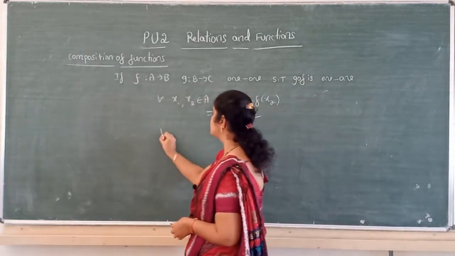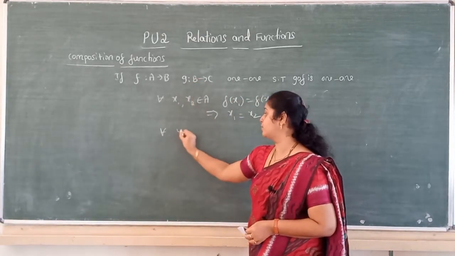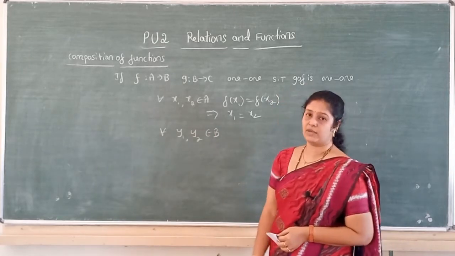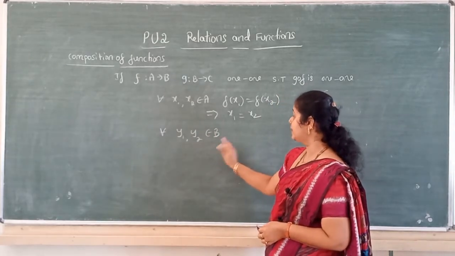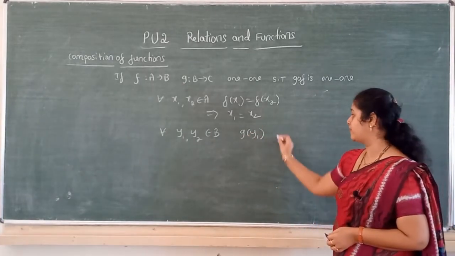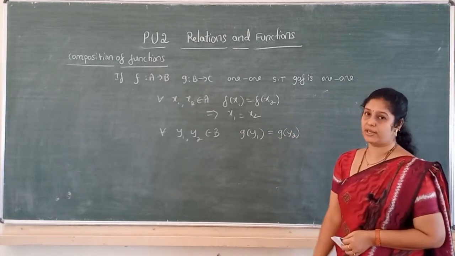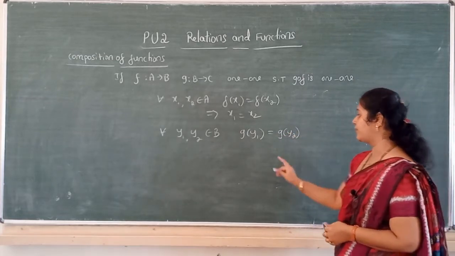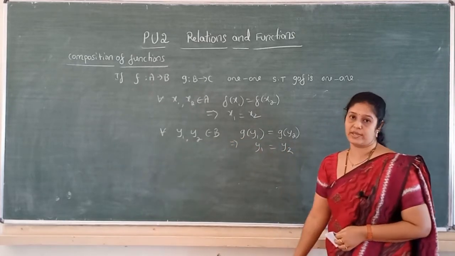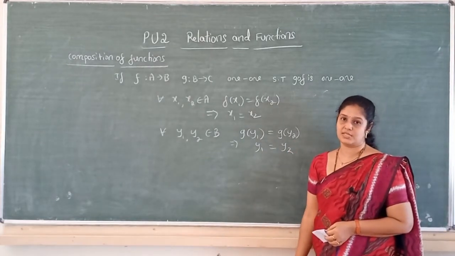Now g is 1-1 means I take some elements y1 and y2 that belong to B, then g of y1 is equal to g of y2. If you show y1 equal to y2, that means g is said to be 1-1.